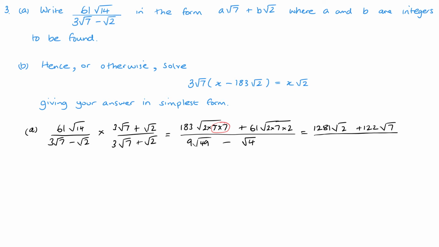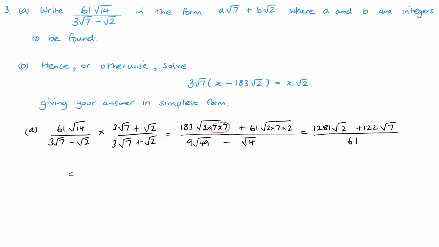On the bottom, we've got 9 times 7, which is 63. So 9 times 7 here, 63, minus 2 would be 61, which is nice because obviously this was multiplied by 61 at some point here, and this was multiplied by 61 at some point, so they should cancel.